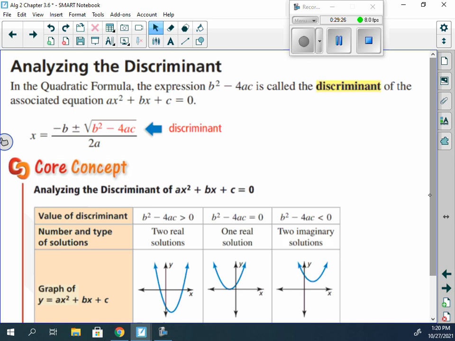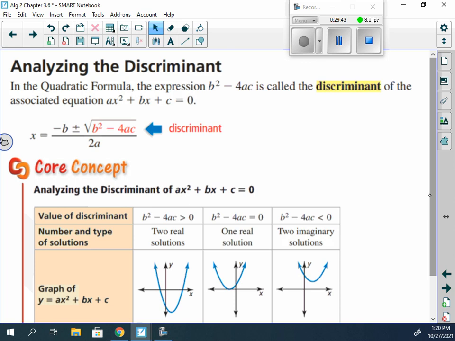There's three types of solutions that we can have: where it is equal to 0, greater than 0, or less than 0. It's going to be one of these three.